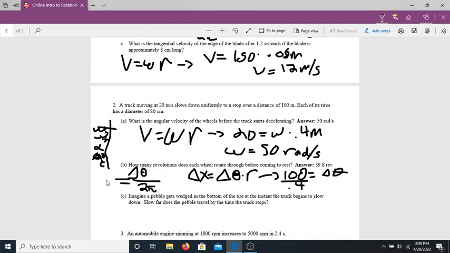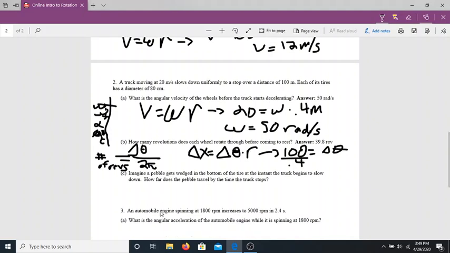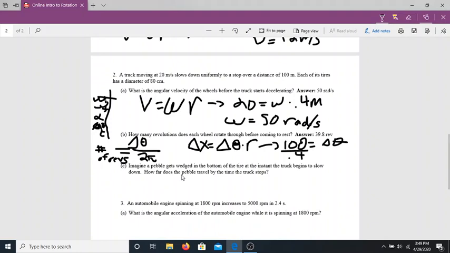And you should get that the number of revolutions is about 39.8. And once again, ladies and gentlemen, that's just a great way for us to see how we can use kinematics multiple different ways, but honestly, the easiest way is to just use the linear and rotational relationships. Now, the last piece of this has to do with this question about a pebble.